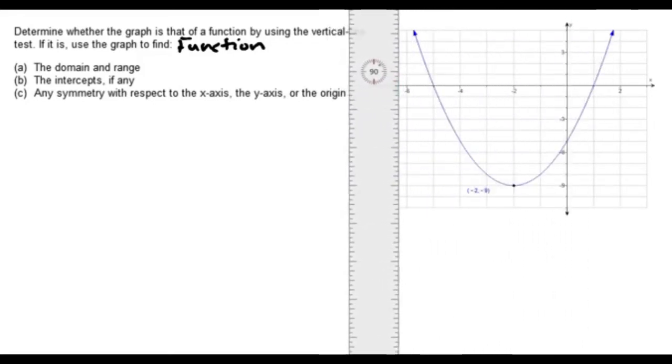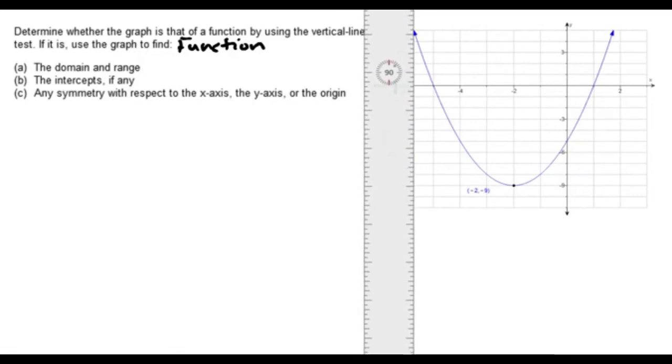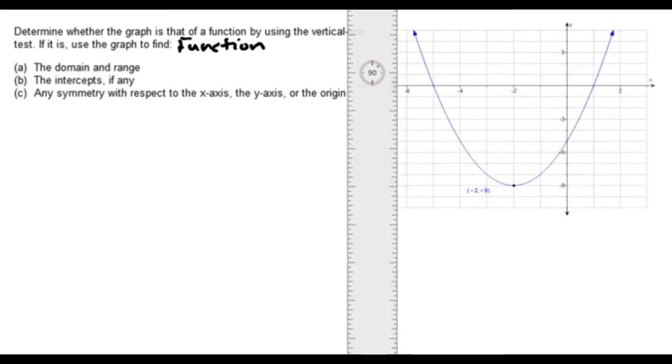So at first glance, you might think that this spot here is the first time that the ruler is hitting the graph. But if you look a little bit closer, we have an arrow, and this arrow indicates that the pattern of this graph continues beyond what we can see in this picture.